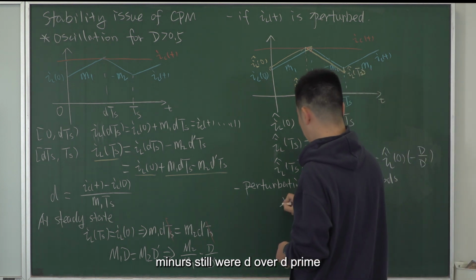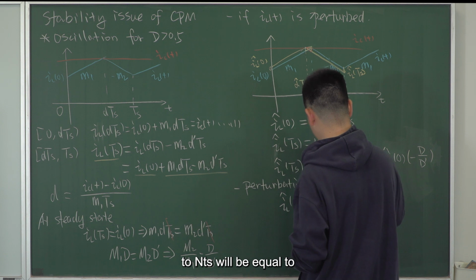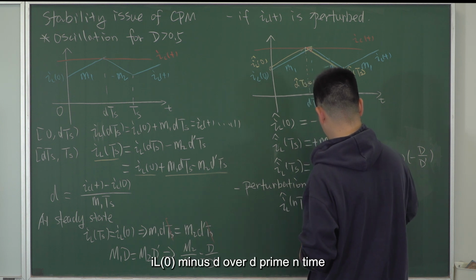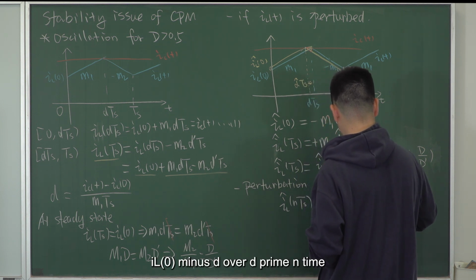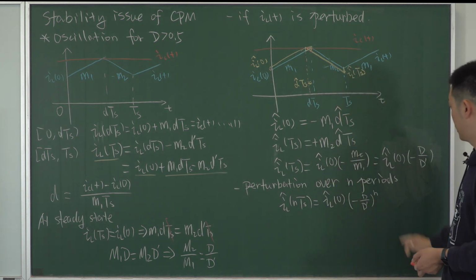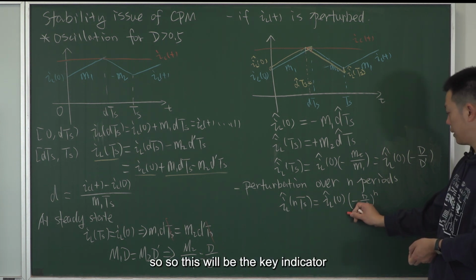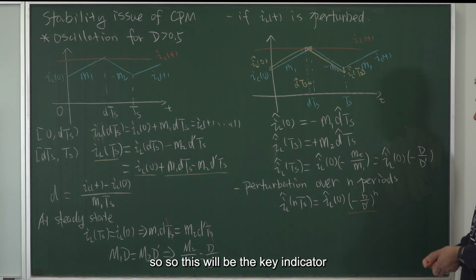So IL cap n Ts will equal IL cap 0 times minus d over d prime to the power n. This will be the key indicator.